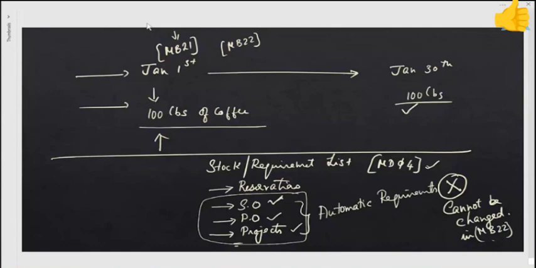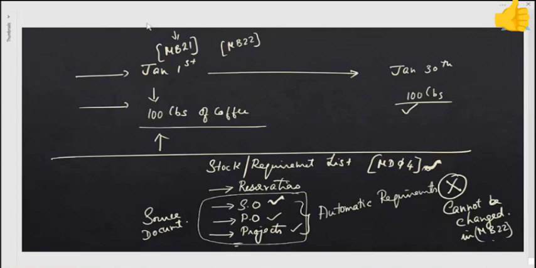Any requirement that's triggered from a source document, like a sales order or a production order, can only be changed in the source document. Meaning, if the customer asks for 100 pounds of coffee, you can go to the sales order and change the requirement to 50, 150, whatever you want. And you can automatically see that change in MD04.